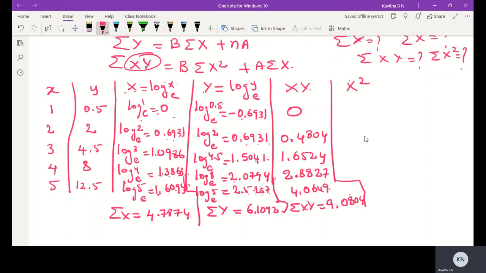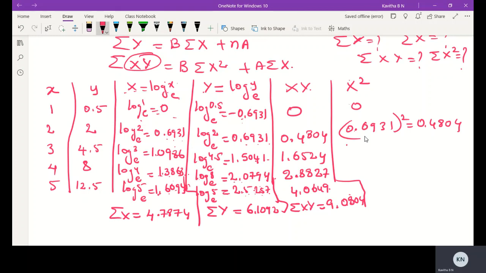Okay. Then find out capital X square here. Capital X square: 0 square is 0. 0.6931 whole square is 0.4804.